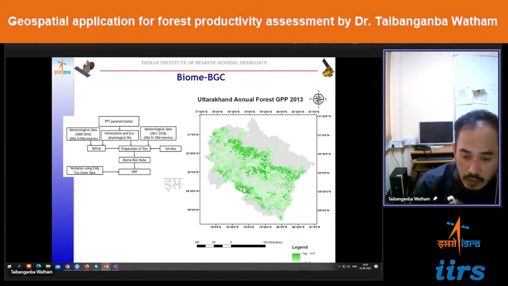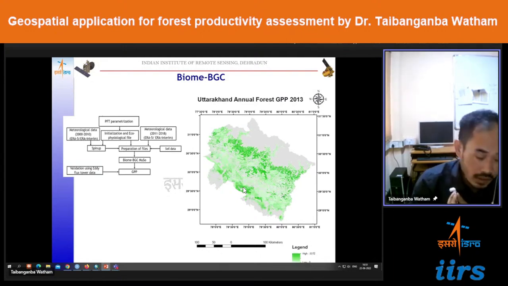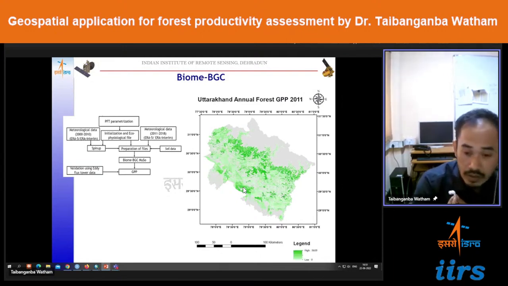Once we incorporate all those inputs in this model, then we can have an idea about how the vegetation productivity or forest productivity is going to change. In this case, you can see some of the forest areas of Uttarakhand in which the productivity is changing, but more of a pixelated nature you can see within this study or the findings that we have got. The reason is that the climatic data which we have is 9 kilometer ERA5 data.